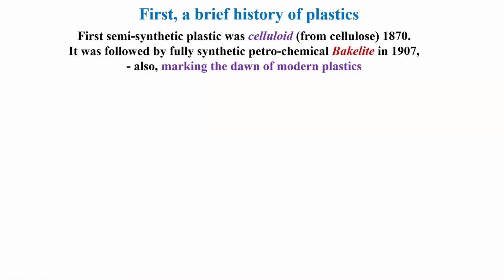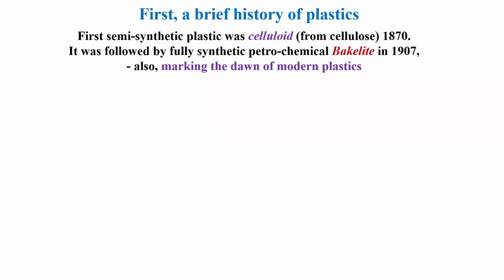Before I start this, I'll give you a very brief history of plastics. So we have to go a very long time back in history. The first semi-synthetic plastic was celluloid, and interestingly, it was actually made from cellulose, and that was in 1870.